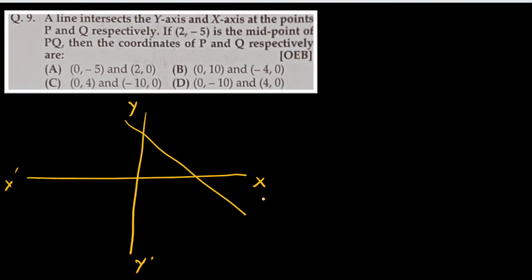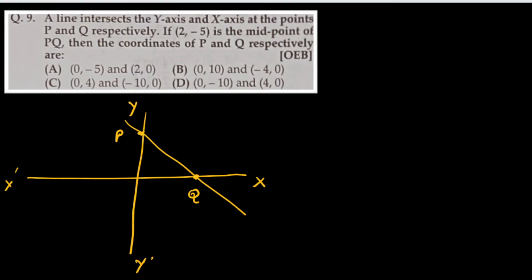Yes, like Aditya has given the answer, 0, y and x, 0. Suppose this line intersects at point P, respectively as mentioned. So the line intersects the y-axis at point P and the x-axis at point Q.